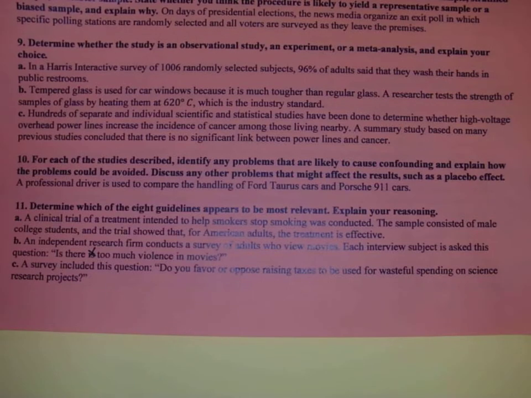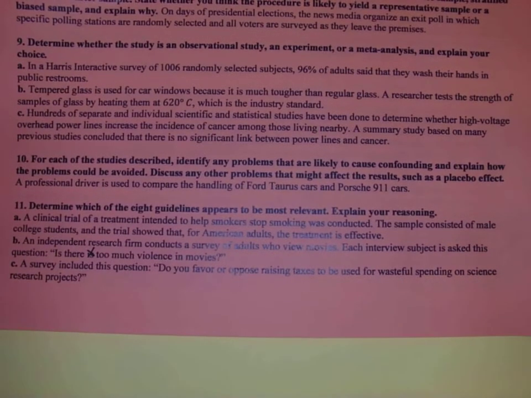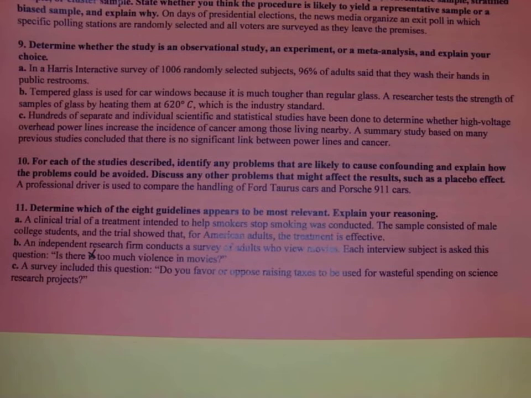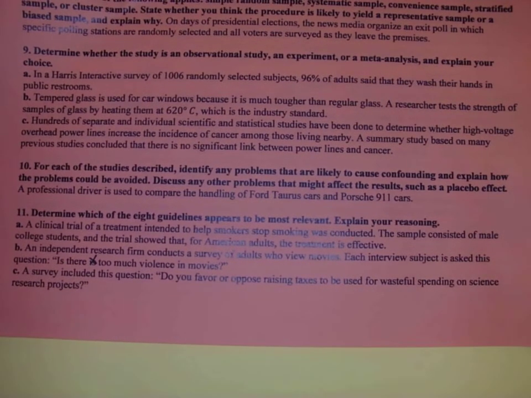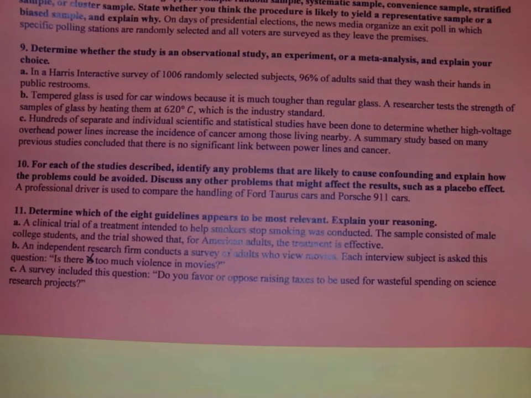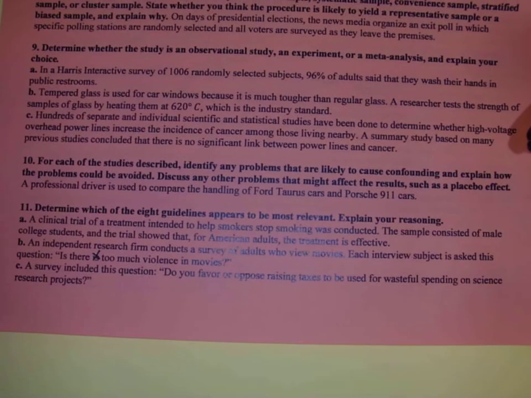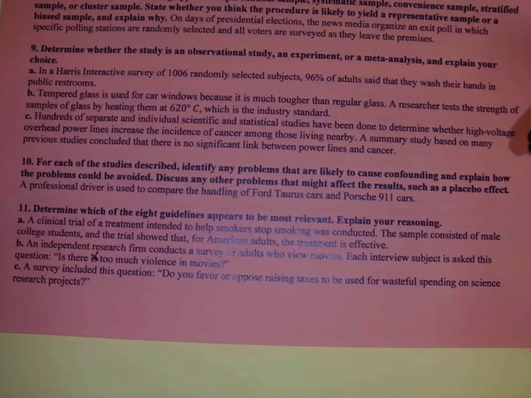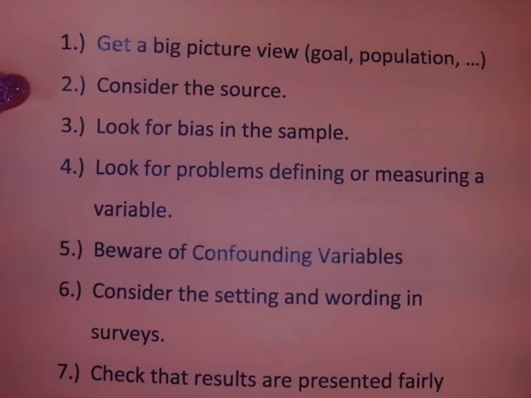I am going to not like any violence in the movies, and other people are okay with quite a bit of it. So that's a subjective answer or question, and it's open for different interpretations of how much violence is too much. So the question does not address a variable that can be measured in a meaningful way. So it is going to be look for problems defining or measuring a variable. So it's going to be guideline 4. Okay?